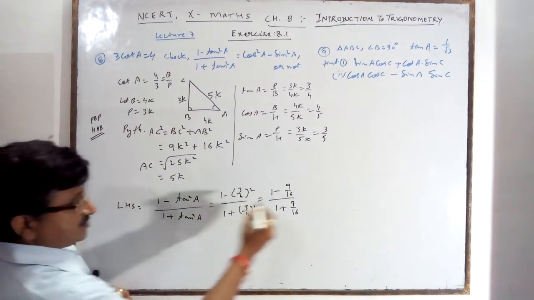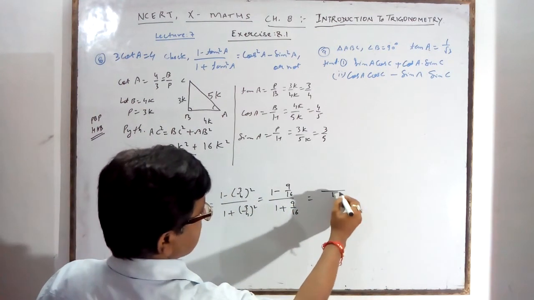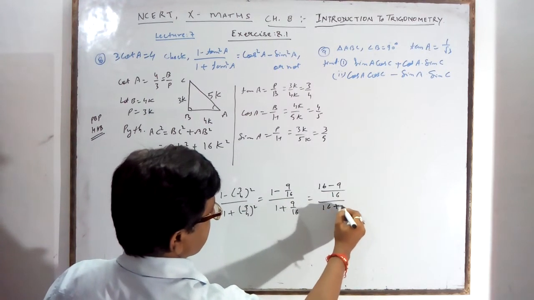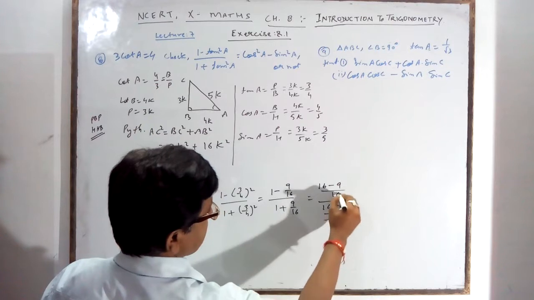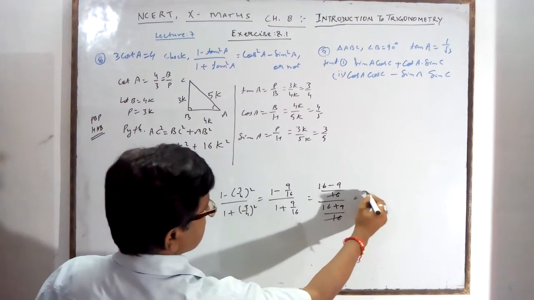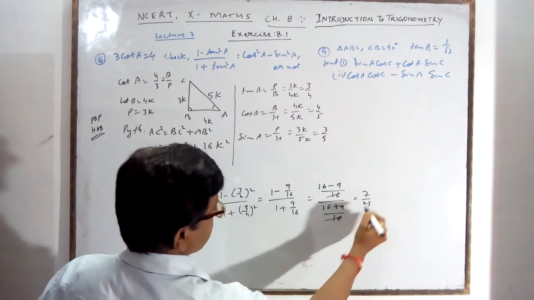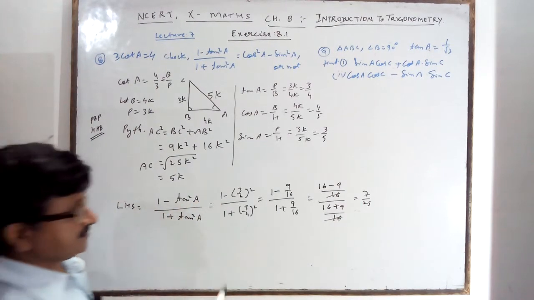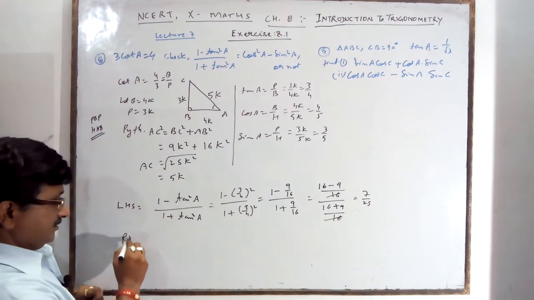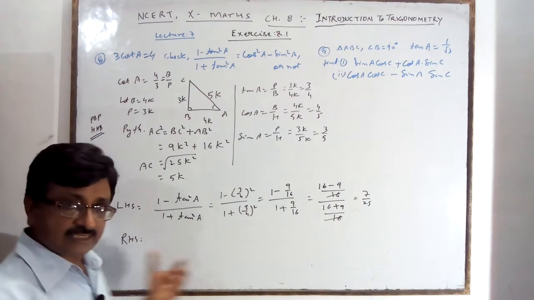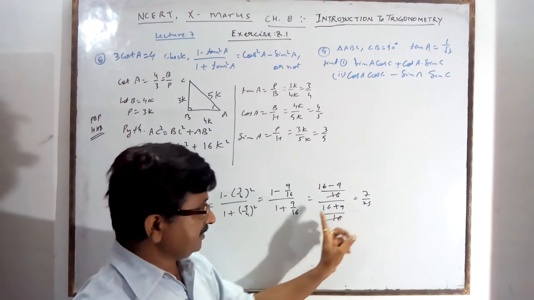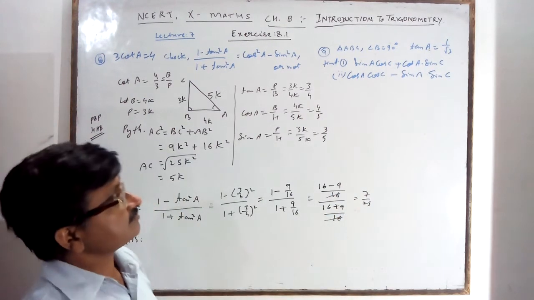Then solve it. 16 is the LCM. 16 minus 9 upon 16 plus 9 by 16. 16 and 16 cancel. 7 upon 25. You are getting 7 upon 25 for the LHS.